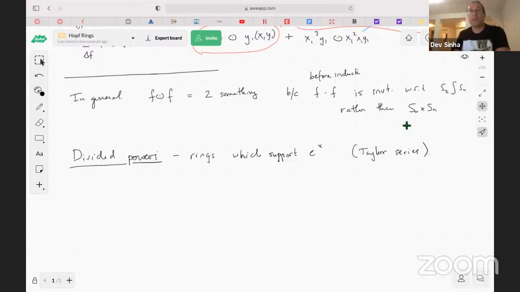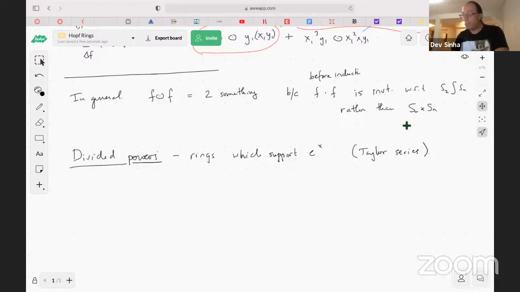In other words, there are things which when I multiply by 3 factorial, I get x cubed. When I multiply by 4 factorial, I get x to the 4th. They also end up being the duals of primitively generated polynomial Hopf algebras. So that's the key for us.